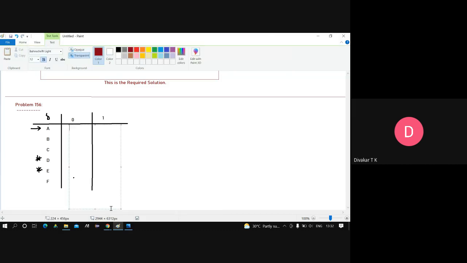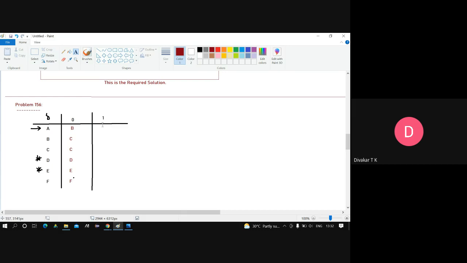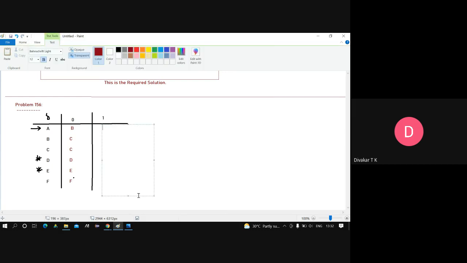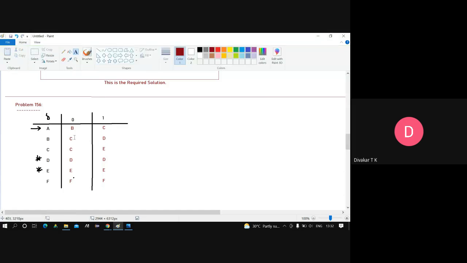The states are A, B, C, D, E, F. So this is the question here. Next, it carries one symbol to C, D, next E, B, E, F. Perfect. So we are done with this one.